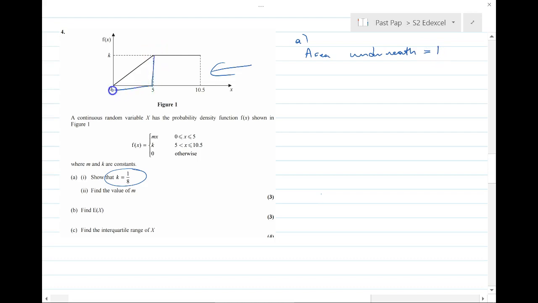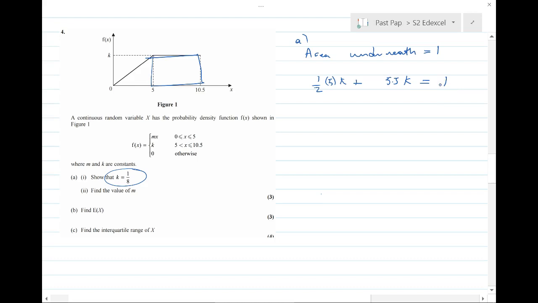So we can take this triangle here, which is equal to half times 5 times k, plus the area of this rectangle here, which is equal to 10.5 take 5, which is 5.5, times k, is equal to 1.